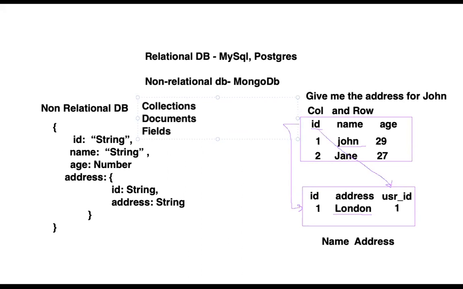Any doubt till here? How does it relate? Yes, document is like one entry, row. Collection is the table, document is the row, field is the column.